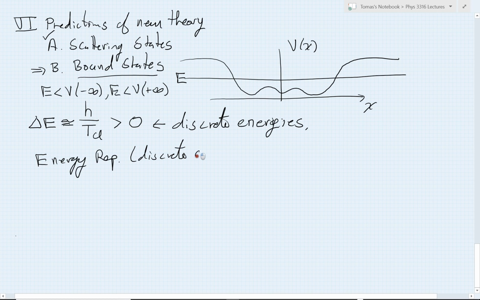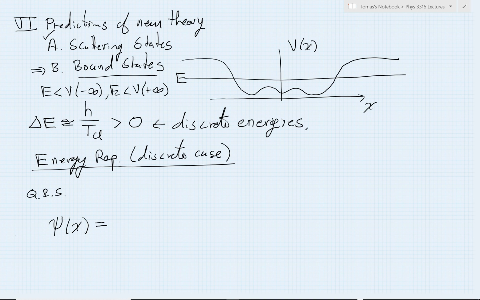Now, for the discrete case, what I am saying is that I can, of course, use the quantum principle of superposition. And the idea then is that any arbitrary wave function, psi of x, and notice I'm not talking about dynamics or time evolution, just some quantum state at some particular point in time, can be expressed then in terms of a superposition of the pure states of energy that I would get, right, that would come out as the result of a measurement of the energy of the system.